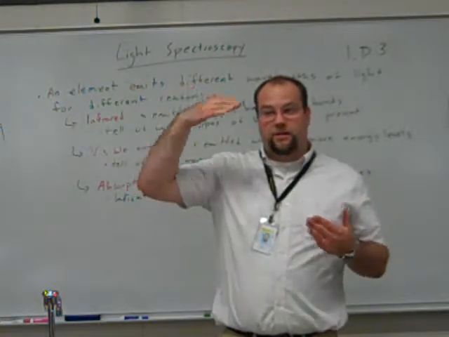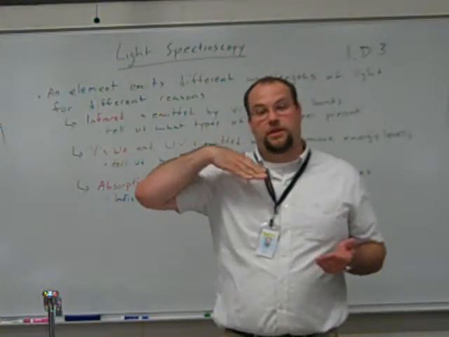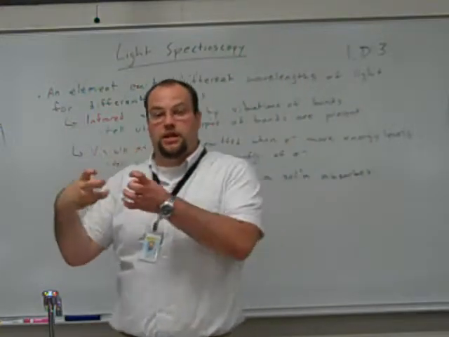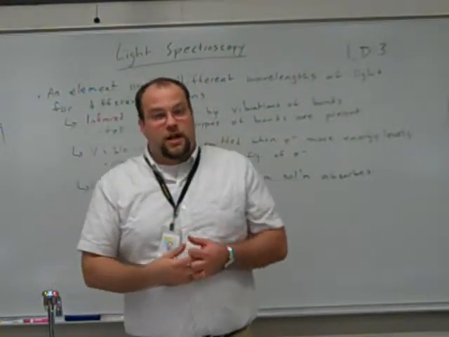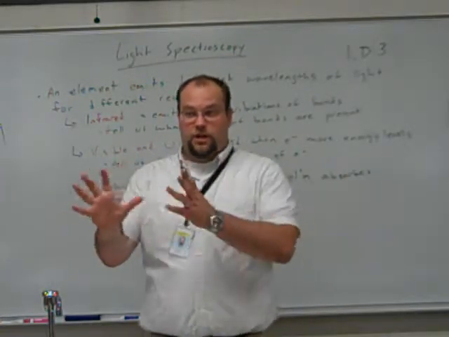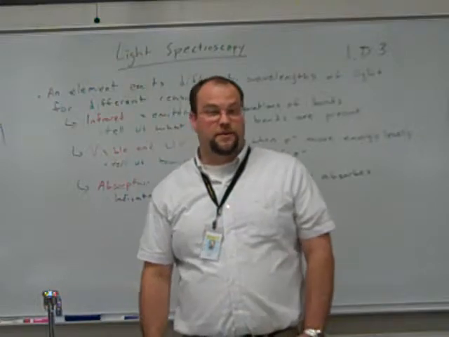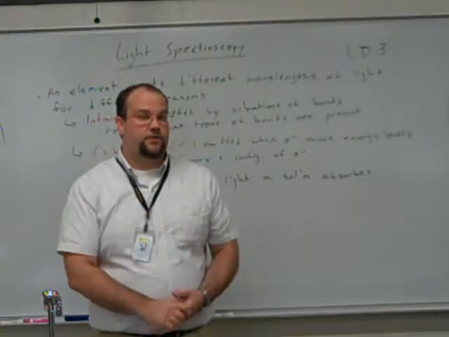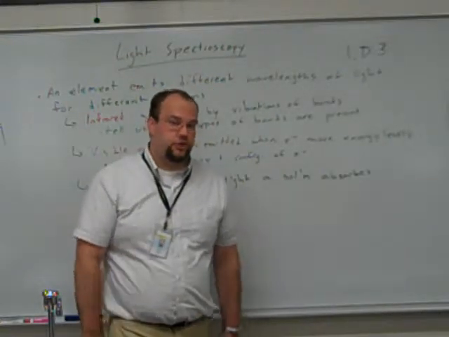Because the movement of an electron between energy levels is unique, it produces a very unique color. It will produce a very unique, almost fingerprint, rainbowy thing. We'll do that in class. There's a super fun little activity that we'll show you.